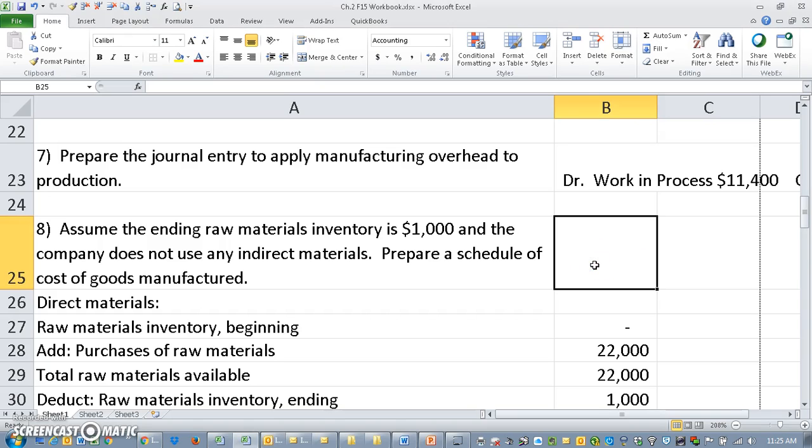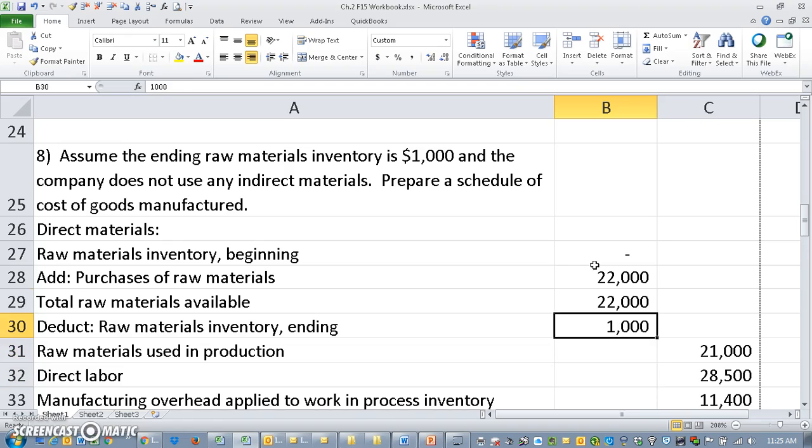And the company does not use any indirect materials. Prepare a schedule of cost of goods manufactured. So, here is our schedule for direct materials, and our beginning inventory balance for raw materials was 0 because that was given at the beginning of the problem, that we started with 0 work in process, 0 raw material inventory, started with a completely clean slate.